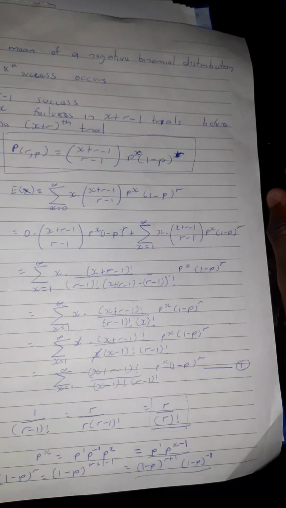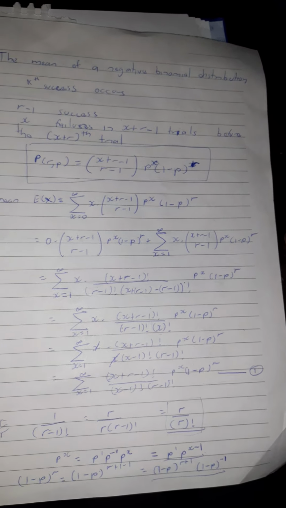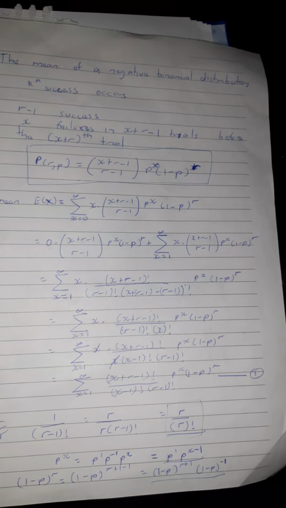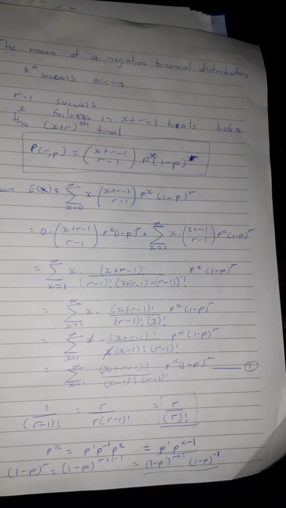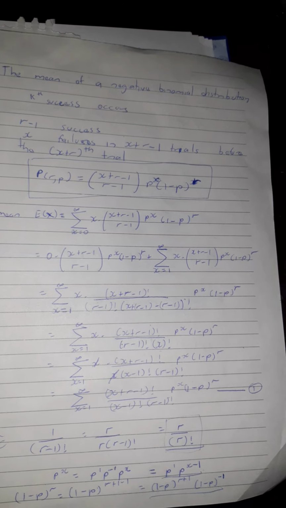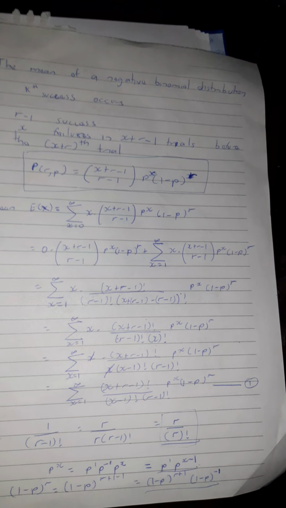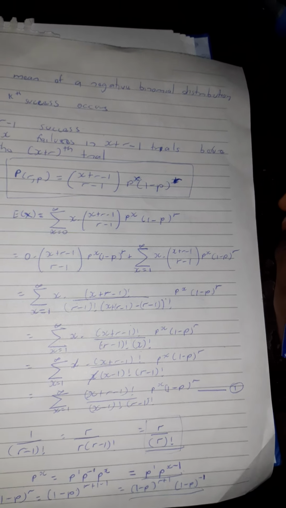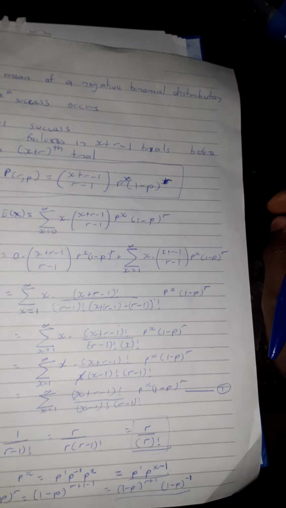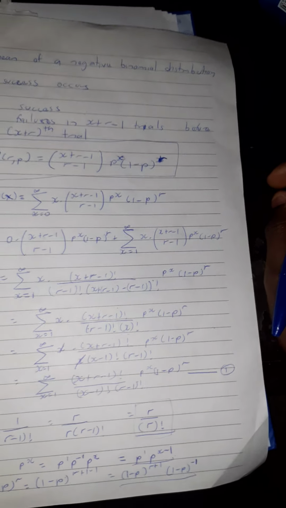In this video, we're going to find the mean of a negative binomial and its standard deviation. A negative binomial allows you to model and find the probabilities for the number of trials needed to run an experiment until the kth success occurs.